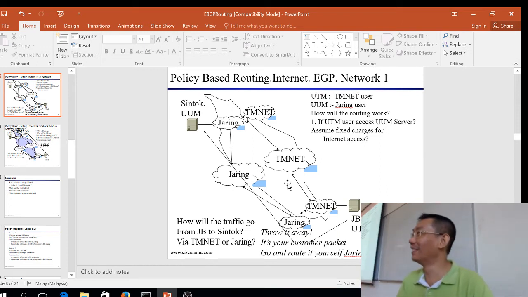Throw. So this is what happens when you do routing between service providers. Nothing to do with shorter or equal cost path. No such thing. Everything is based on money. Oh, it's not mine, it's yours. Take it away. Okay, clear?